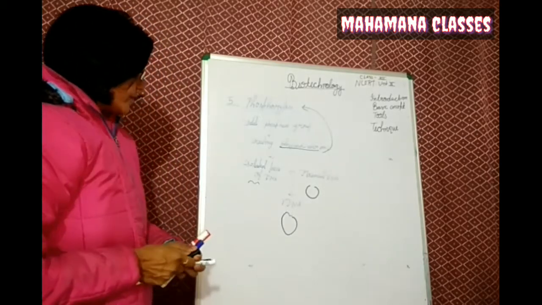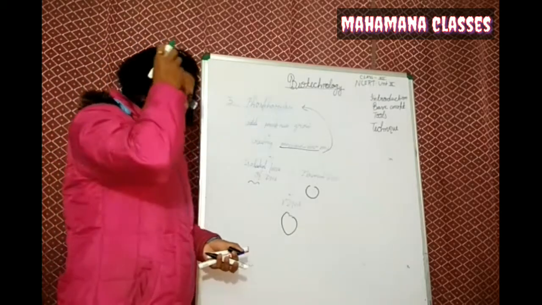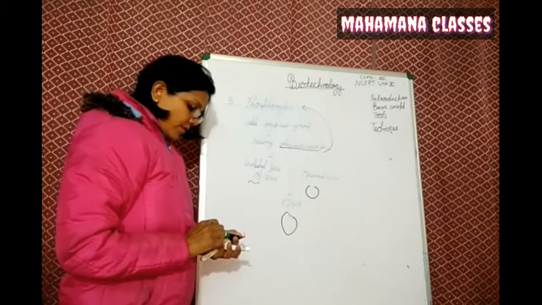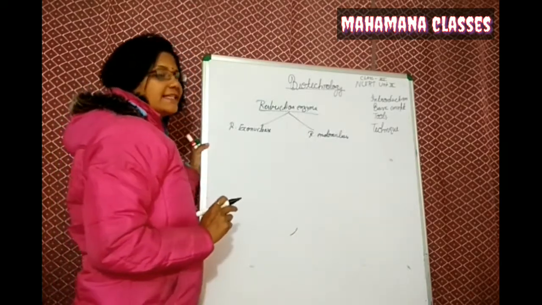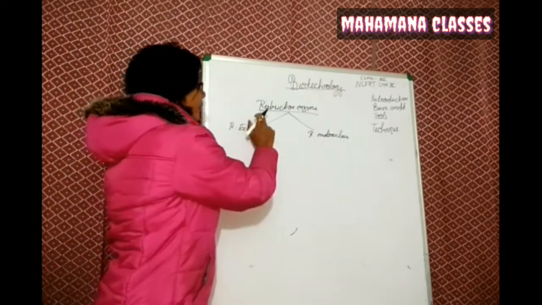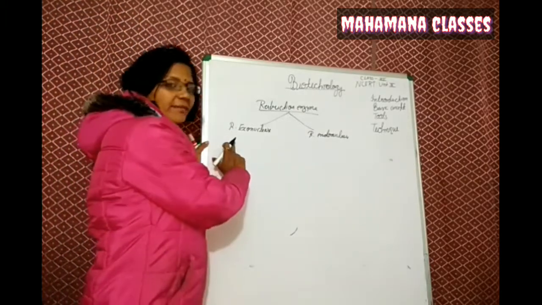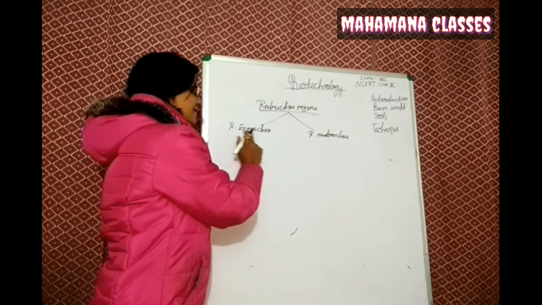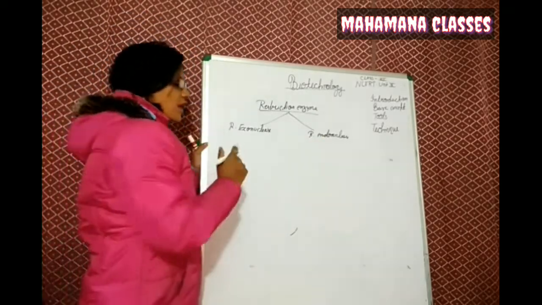Now let us see again some important points related to restriction enzyme. Restriction enzymes are mainly of two types: restriction exonuclease and restriction endonuclease. Exo means outside.